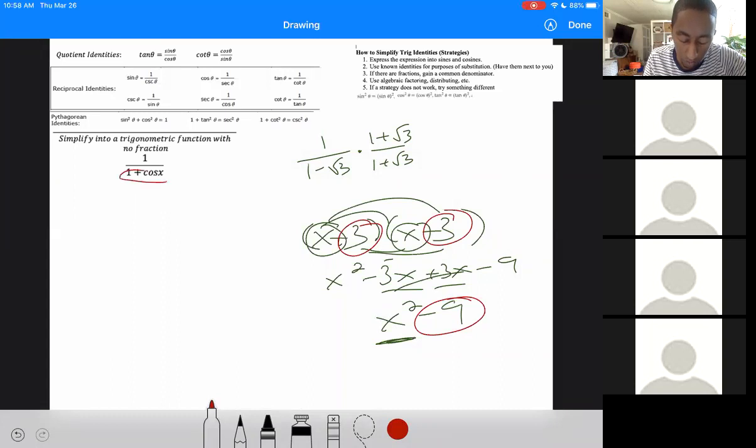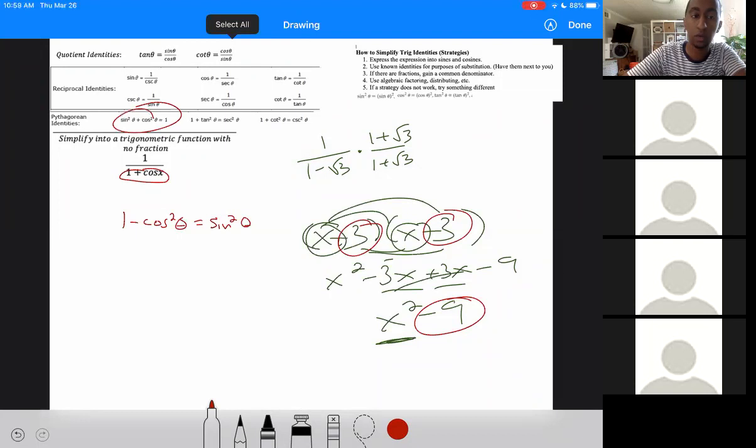If we make this become 1 minus cosine squared of theta, then we will be able to convert that to sine squared of theta, using this identity.